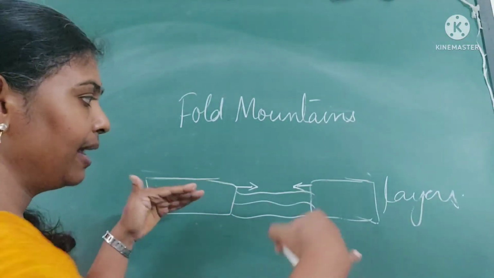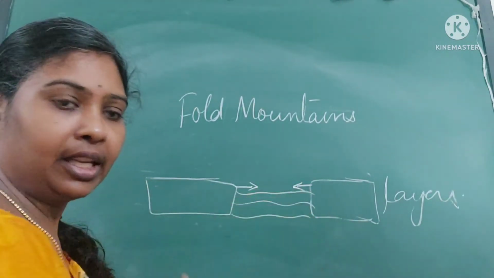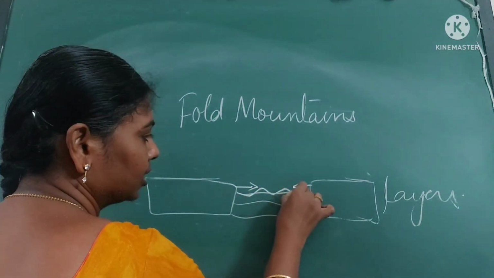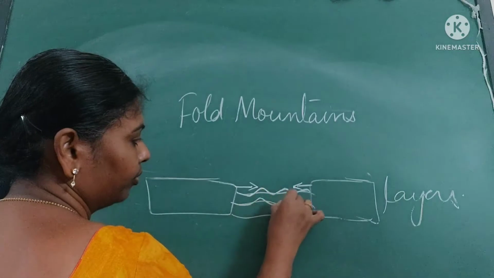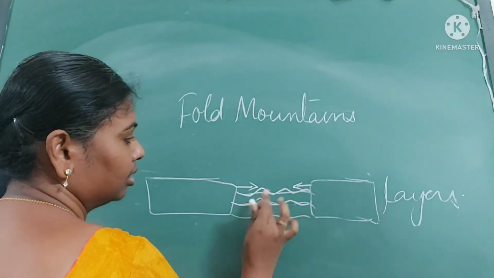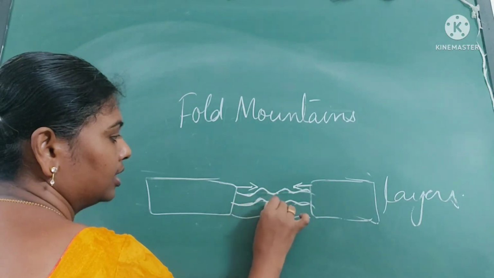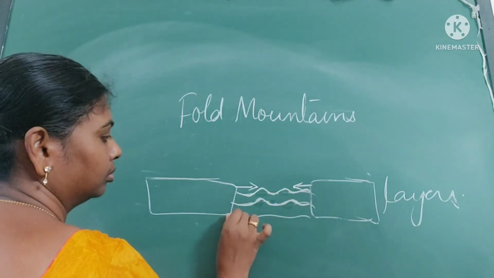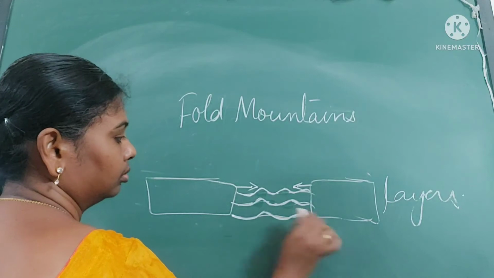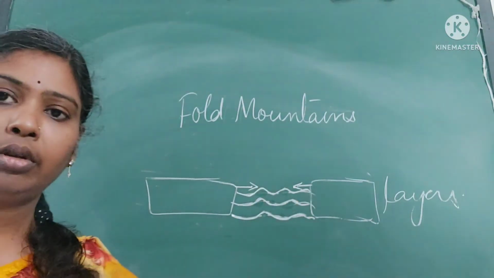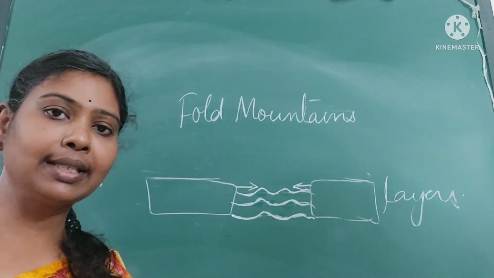So when these plates come together, this rock strata becomes like this, isn't it? So this is how we get folds.